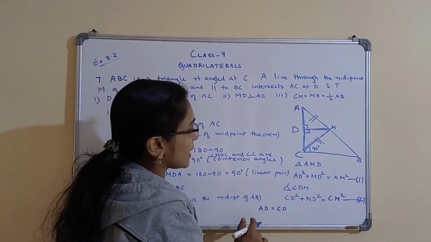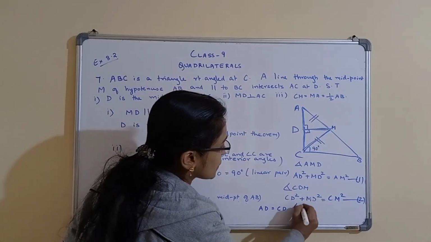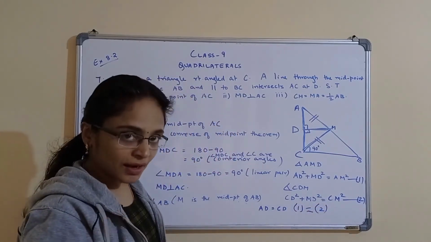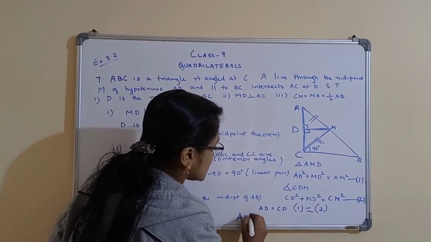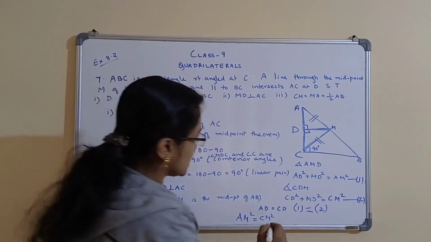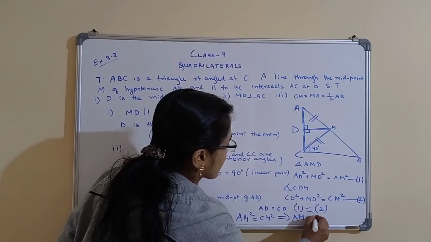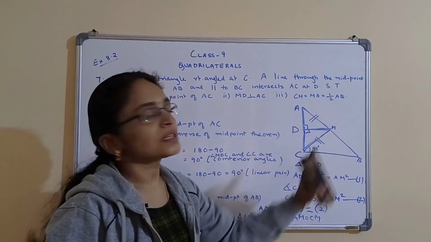So we can say that this equation 1 is equal to equation 2, right? Which means this AM square is equal to CM square, and that means AM is equal to CM.